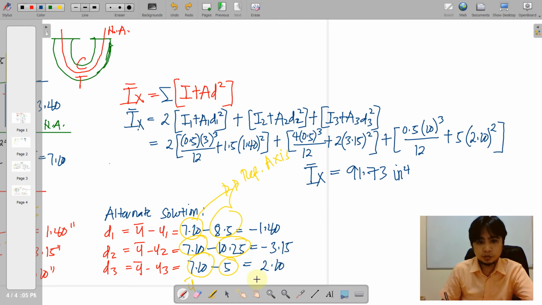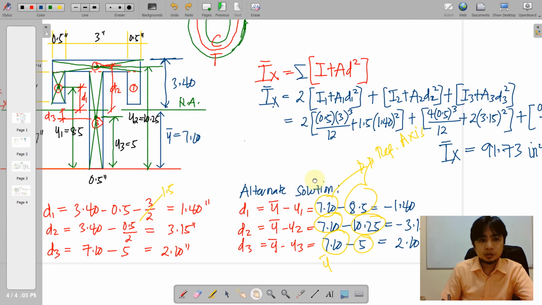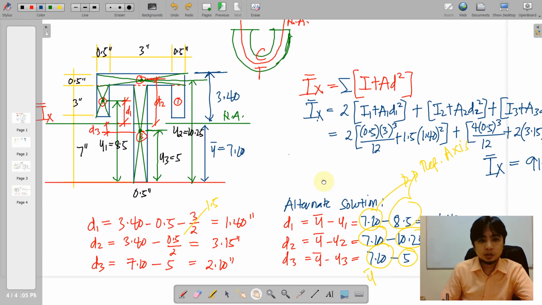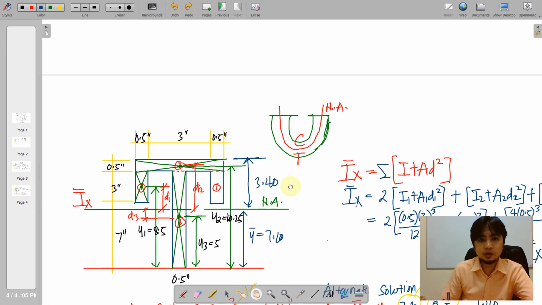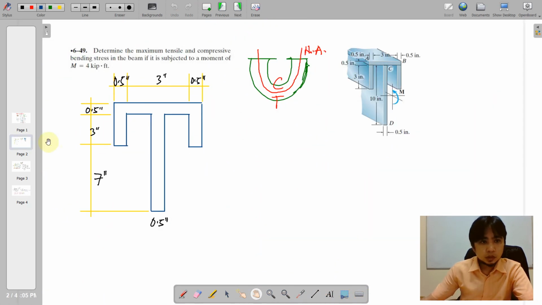So we can now get the maximum stresses on the compression and the tension side if this has to carry a certain moment. And the moment is equal to 4 kips per feet. So basically, we just substitute it in our formula.